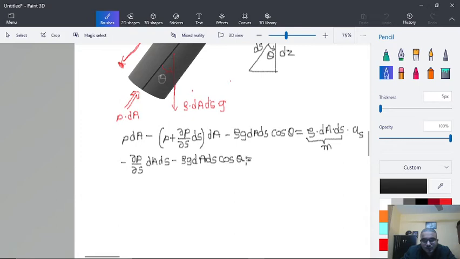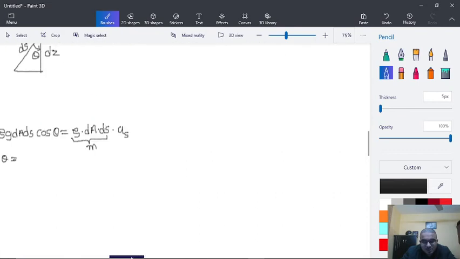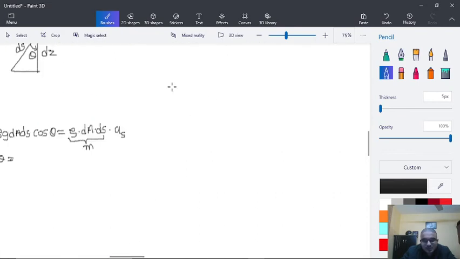Now let's have a small discussion on as. So as should be equal to dv over dt.